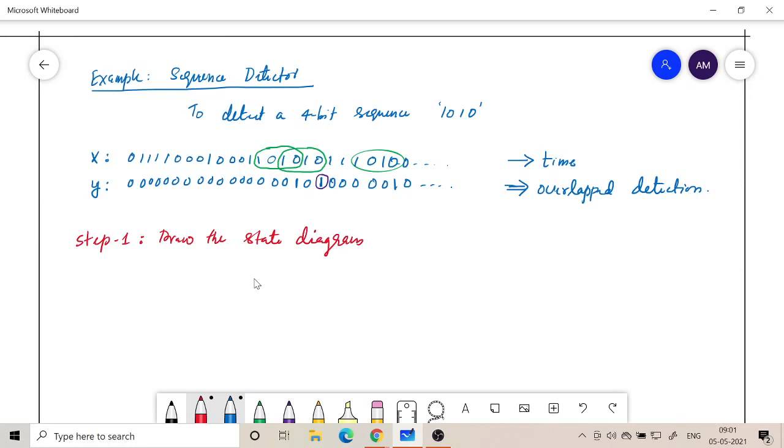Depending upon what kind of machine you are going to design, you have an option either to draw the state diagram for a Mealy machine, or for a Moore machine. So first of all, let us do it for the Mealy machine.